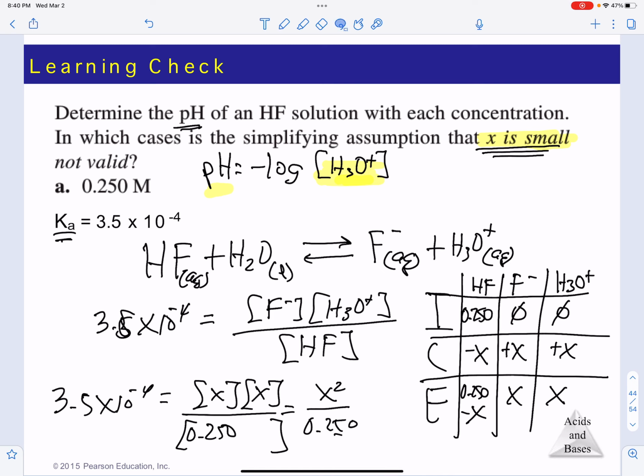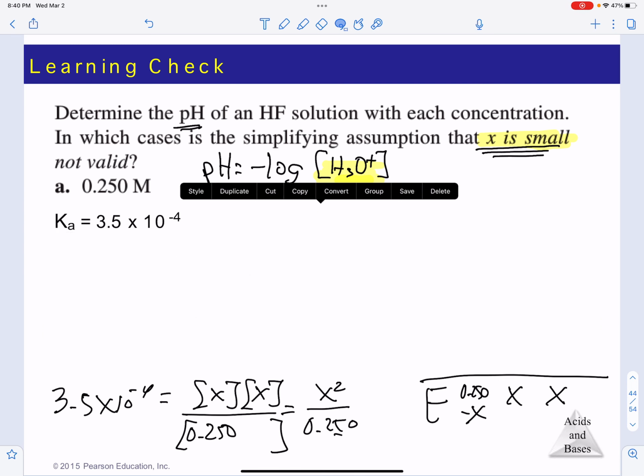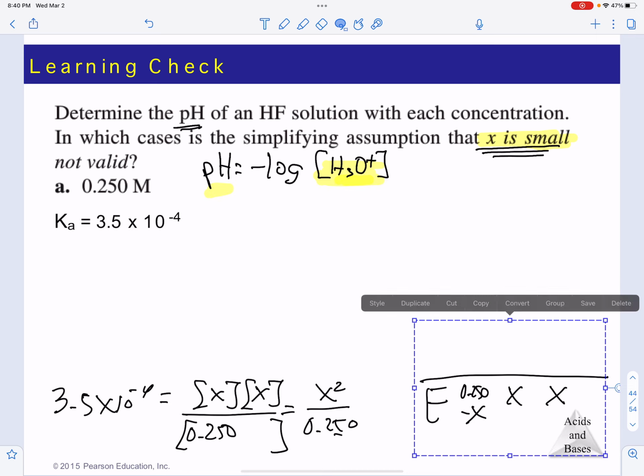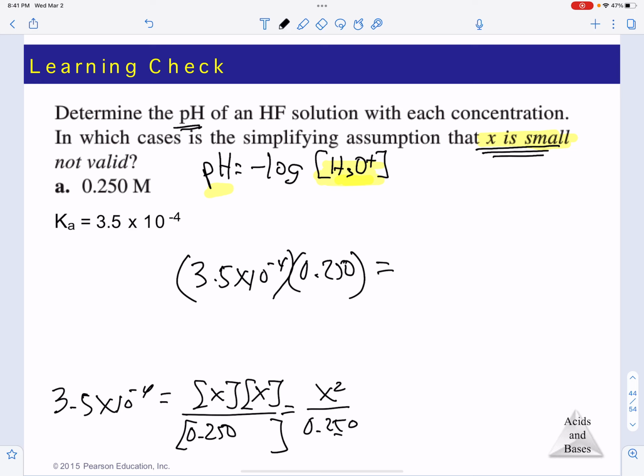Which means we're going to take the 0.250 and multiply by 3.5 × 10^-4, and that's going to give us x squared.